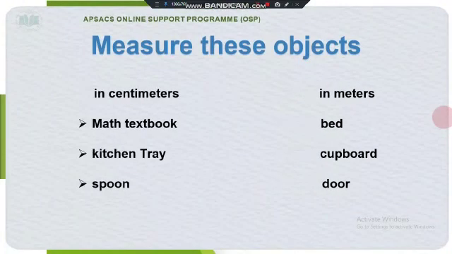Now I want all of you to measure these objects in centimeters and in meters. First, in centimeters: math textbook, kitchen tray and spoon. And in meters: bed, cupboard and door.